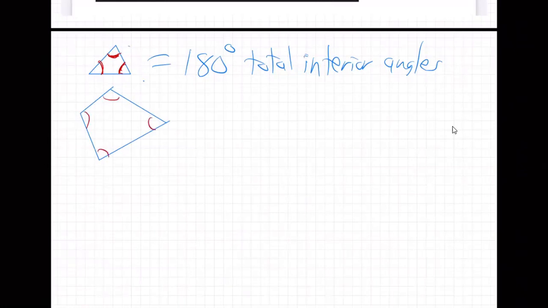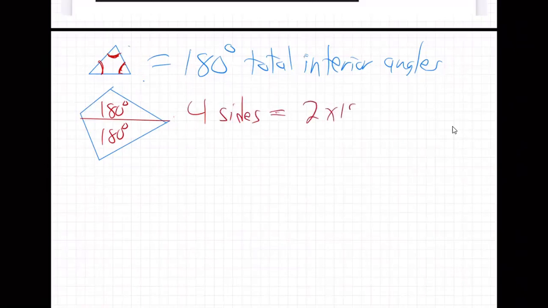Well, remember we learned last time that you could put a line, fill in a diagonal, and say, oh, there's 180 and 180 because it's two triangles, right? So a four-sided object is 2 times 180. I don't even care what the answer is, 360. I'm mainly looking for the pattern.